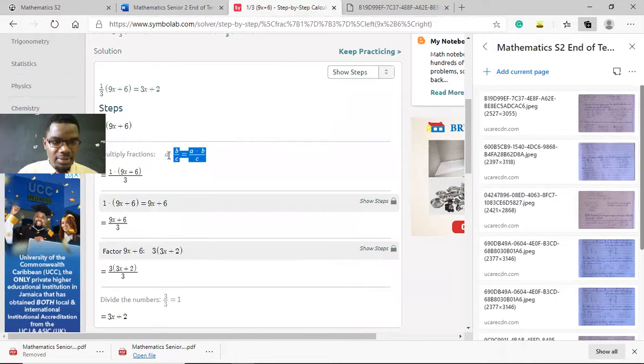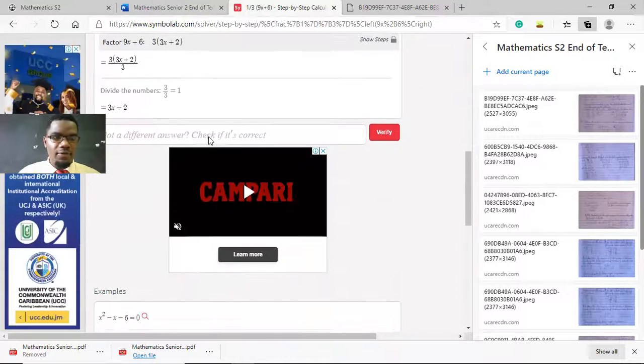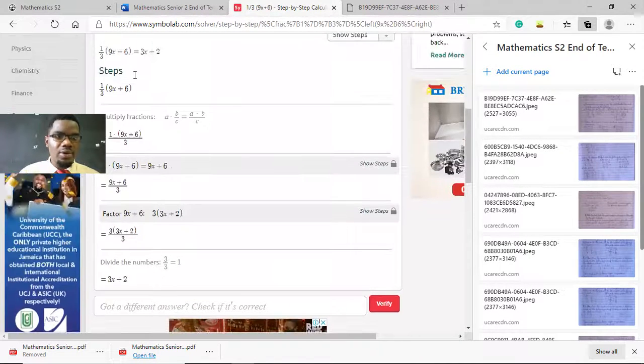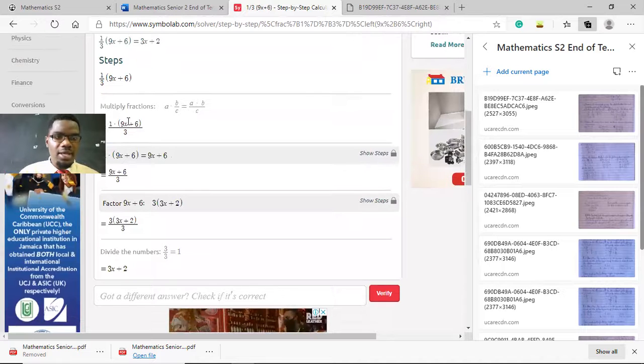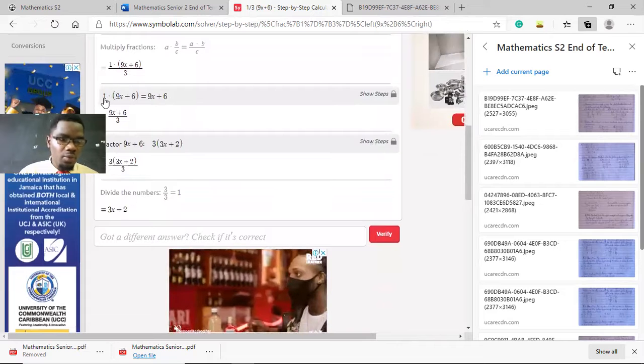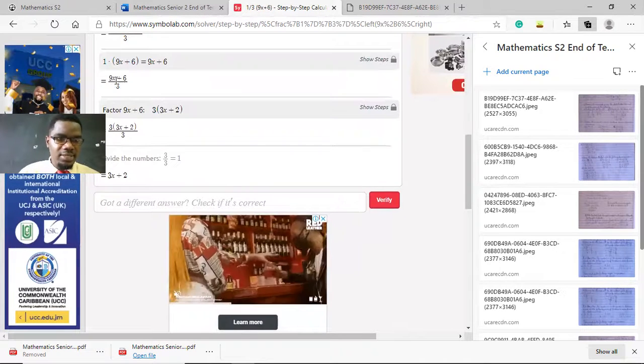So this is the format, right? A whole number times a fraction is just the whole number times the numerator, over the denominator. So when we have 1 divided by 3, our new numerator is going to be the two terms. So it's going to be 9x plus 6 divided by 3 times 1, right? And then we can remove the 1 because the 1 is just itself. So it's really just 9x plus 6 divided by 3.